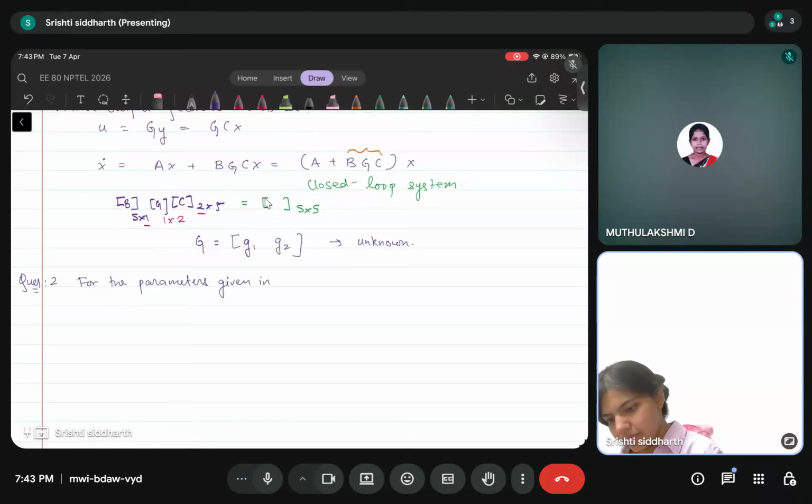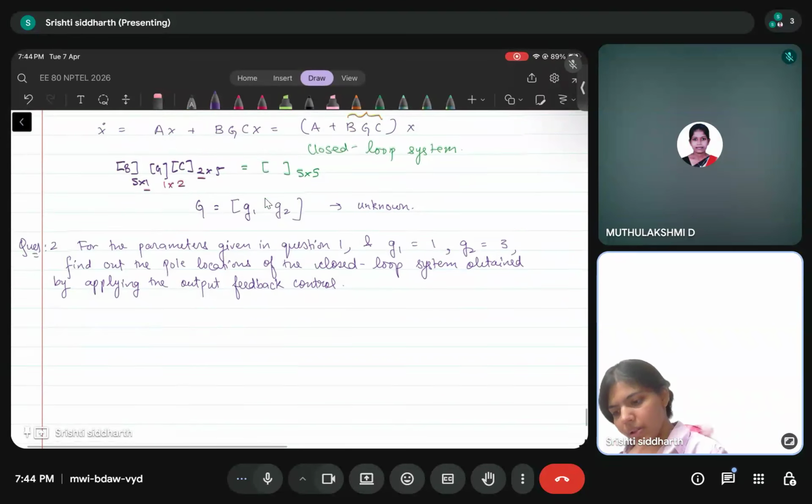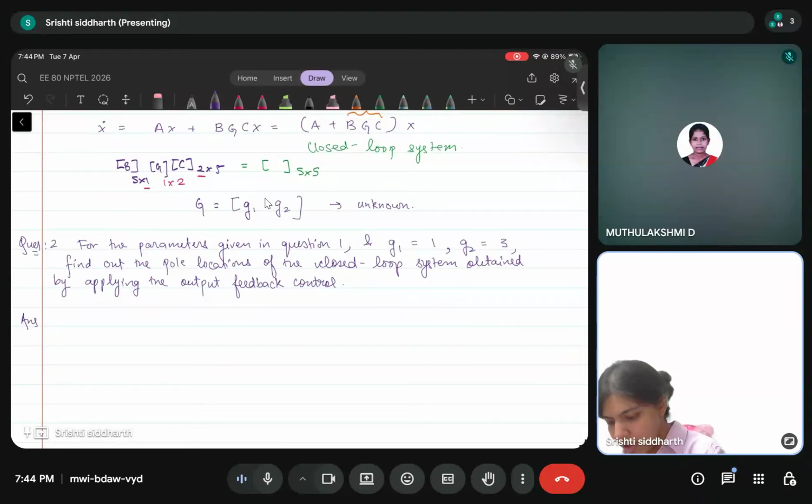Find out the pole locations obtained by applying the output feedback control. So let's first find out BGC.